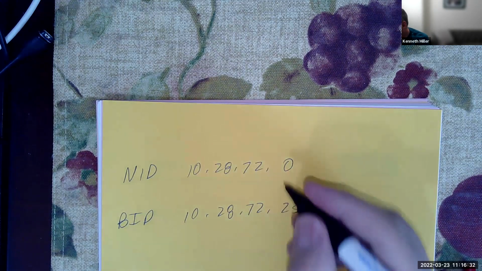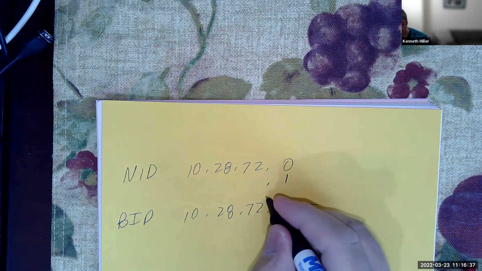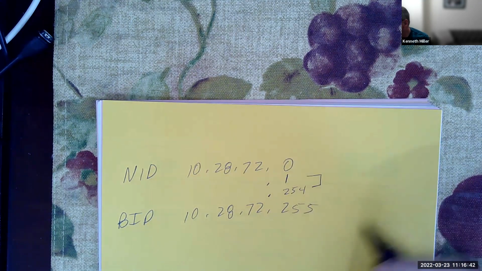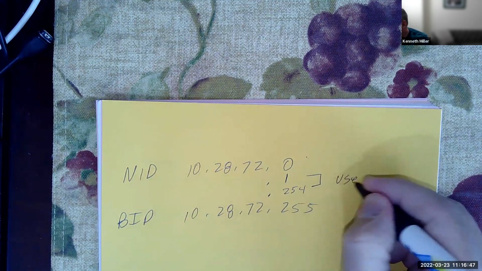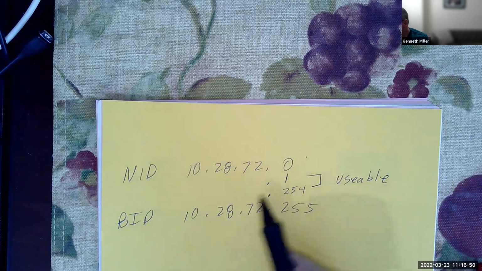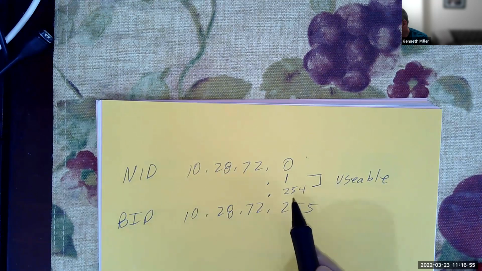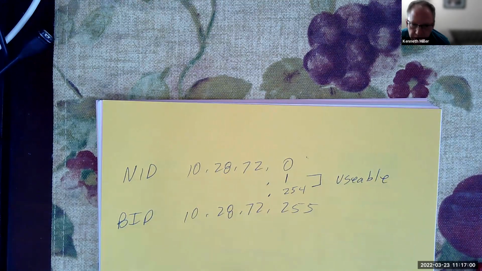If I were to say, what are my usable IP addresses, I would go one more than the network ID, which would be .1, and one less than the broadcast ID, which would be 254. So my usable IP addresses would be 10.28.72.1 through 10.28.72.254.